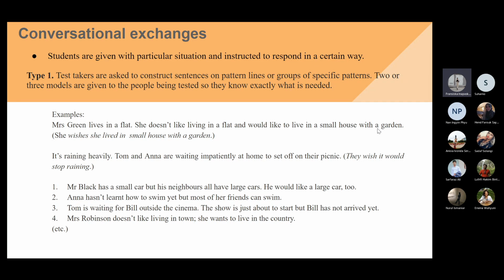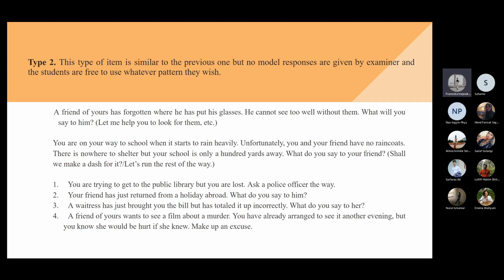In this type 2, this type of item is similar to the previous one, but no model responses are given by the examiner and the students are free to use whatever pattern they wish.